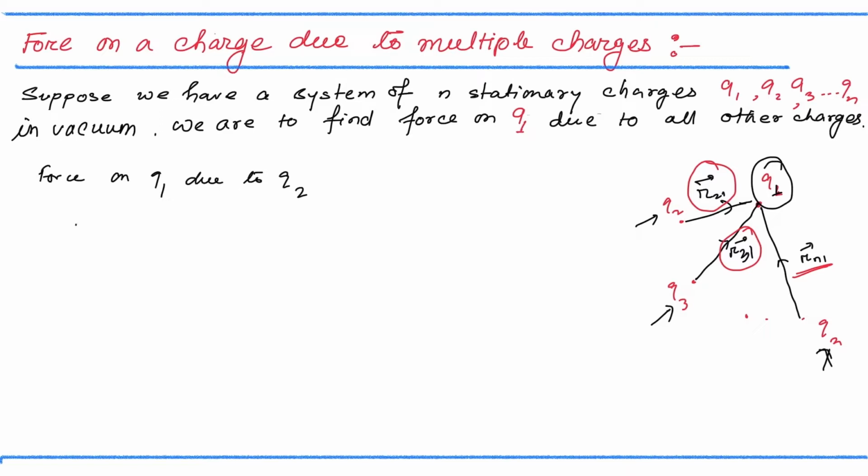So here you see, force on Q1 due to Q2, that is F12, is given by 1 by 4 pi epsilon naught Q1 into Q2 by the square of the magnitude of R21, and its unit vector is R21 cap.